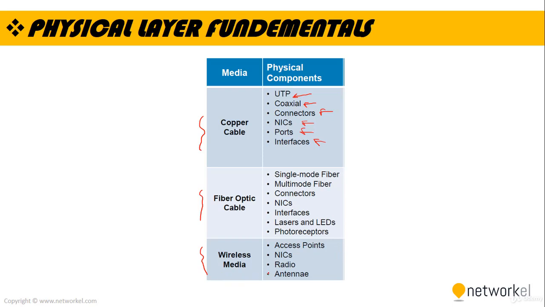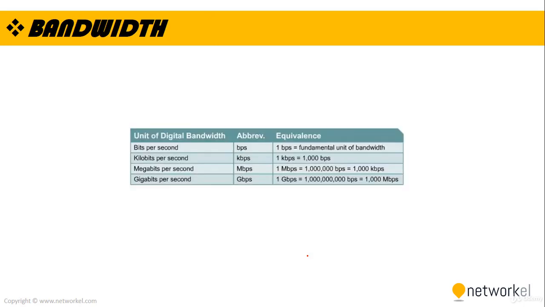In wireless media, our physical components may be access points, network interface cards, which are wireless network interface cards this time, radios and antennas.